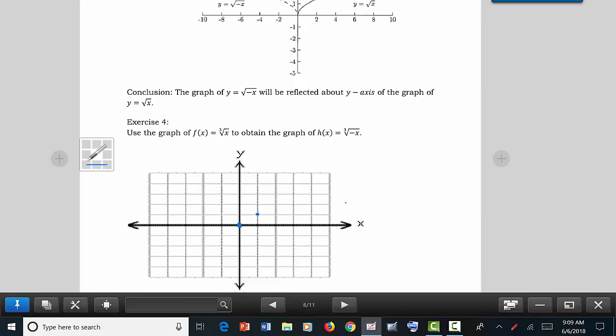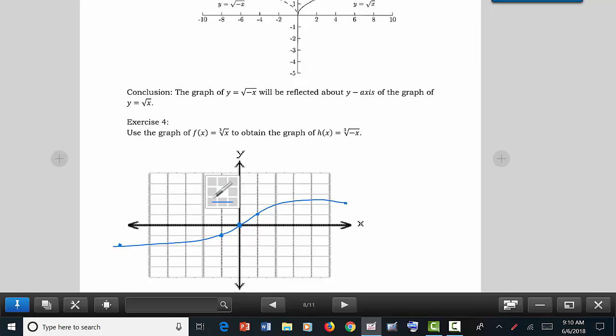So somewhere here. Cube root of negative 1 is negative 1. And cube root of negative 8 is negative 2. Maybe somewhere here. And if we join all those things by a smooth graph, that will be the graph of cube root of x.